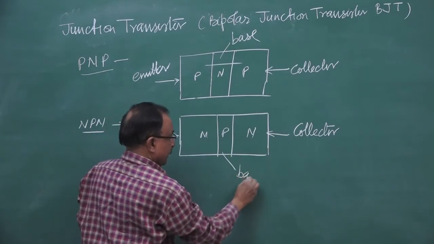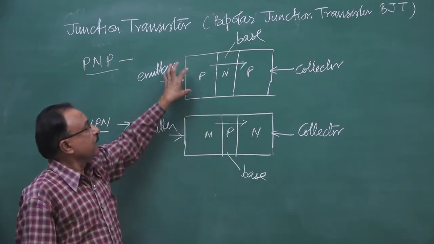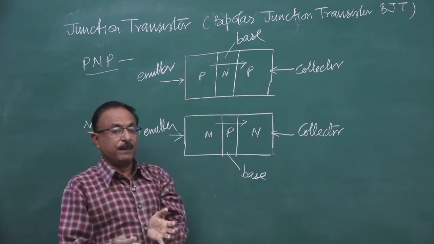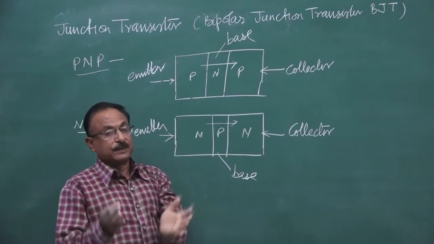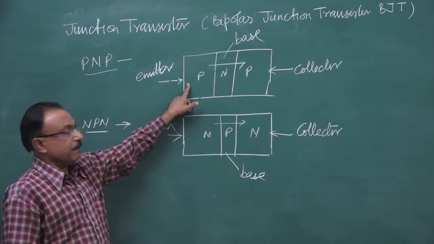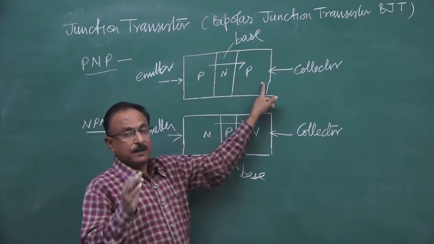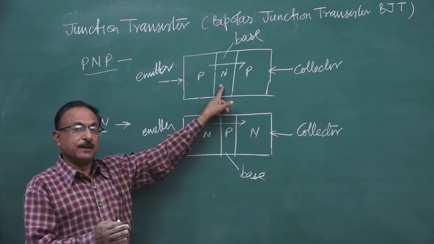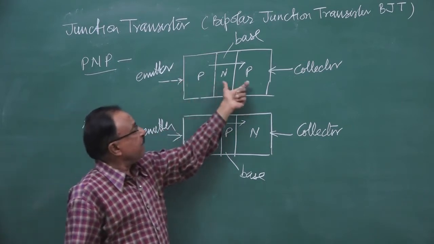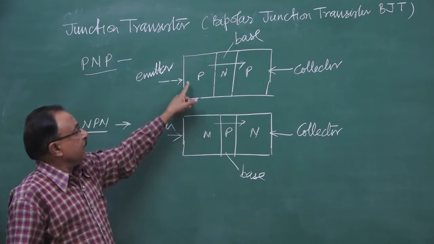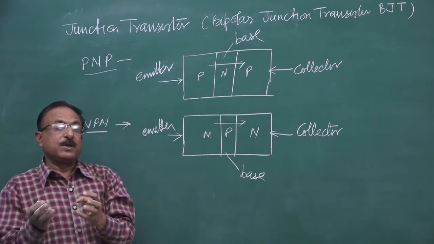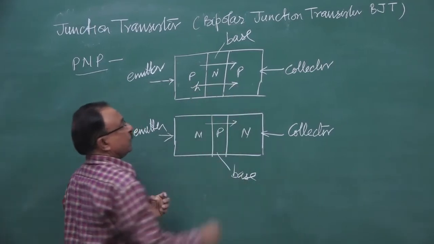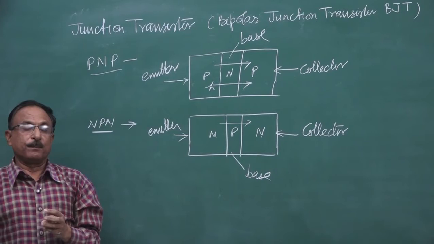This is called base. So this way the transistor has got the 3 regions, different levels of doping, different levels of thickness also. One is emitter, heavily doped, one is collector, moderately doped, and the sandwich region is base, which is very lightly doped. The difference in the PNP and NPN is that in the PNP, the current will be because of the flow of the hole, because emitter will be the source of the hole.